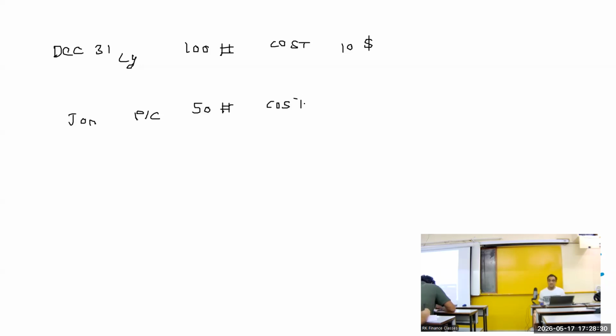So December 31st of the last year, I had 100 raw materials जिनका cost था 10 रुपया. Okay, January में I purchased 50 raw materials जिनका cost था 15 रुपया. May month में I purchased 20 more raw materials जिनका cost था 20 रुपया.